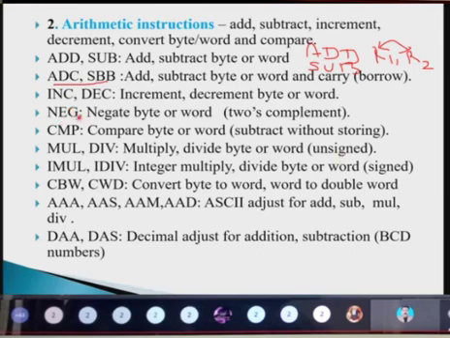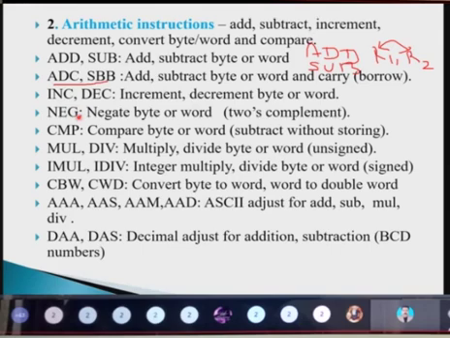Okay. So next is NEG, in the sense negate byte or word. So that is our 2's complement. CMP means we can compare the byte or word, so subtract without storing. MUL or DIV means multiply or divide the byte or word. Okay, so that is using our MUL and DIV.